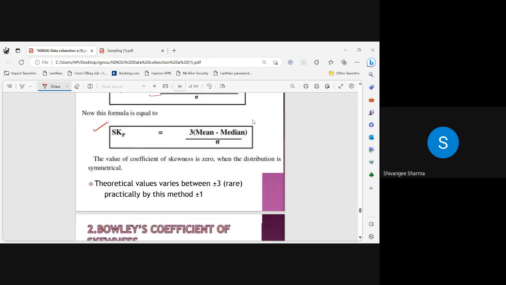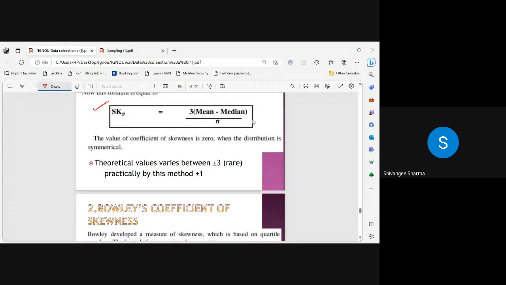Theoretically, the values can vary between +3 to -3, but it is very rare. Generally, the value of Karl Pearson's coefficient of skewness lies between +1 and -1. When it is positive, it is positively skewed, and when it is negative, it is negatively skewed.